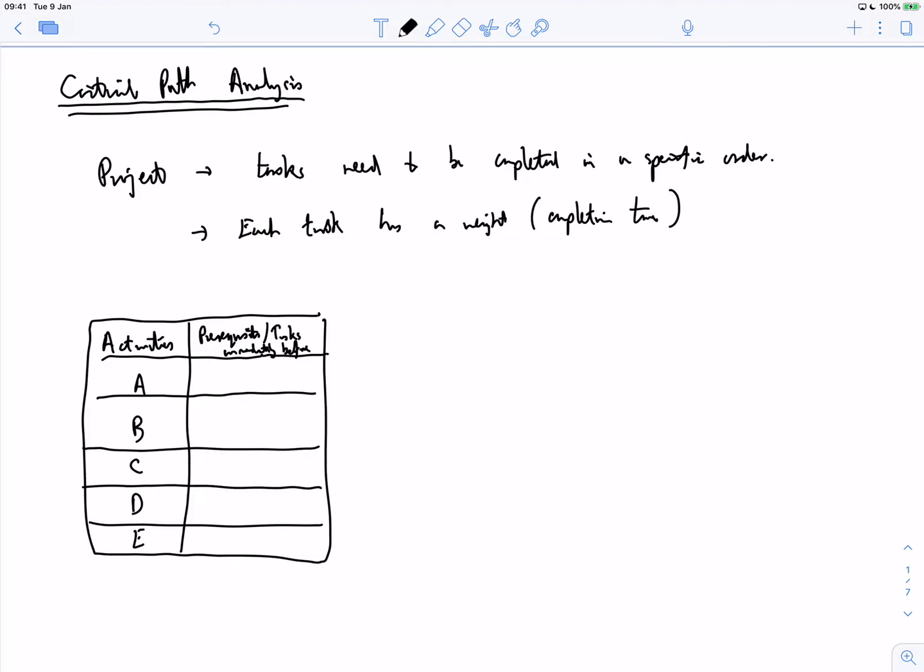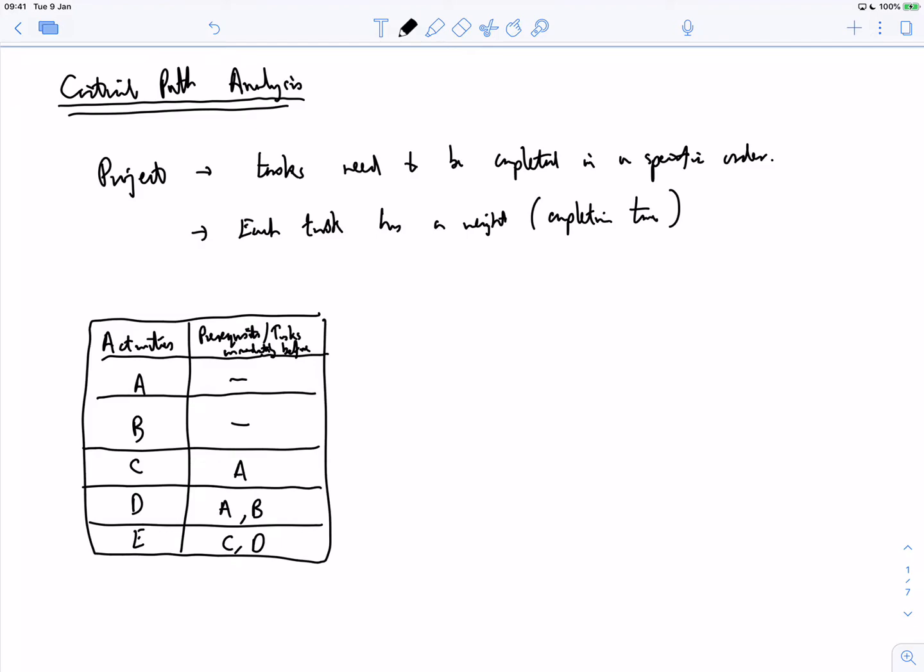Well, let's say to begin with, task A can be done on its own, and so can task B. Then let's suppose that task C needs task A to be done, and task D needs tasks A and B to be done. And then let's suppose task E needs C and D to be done as well.